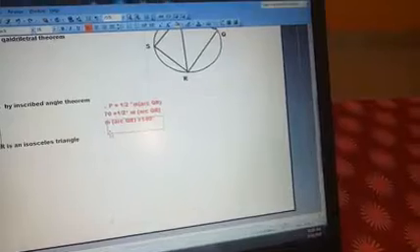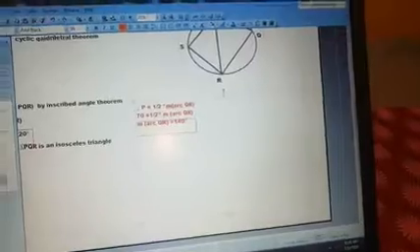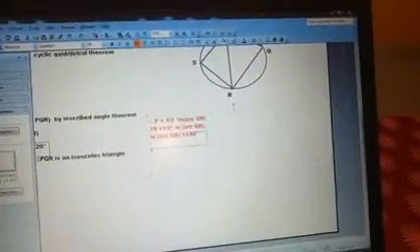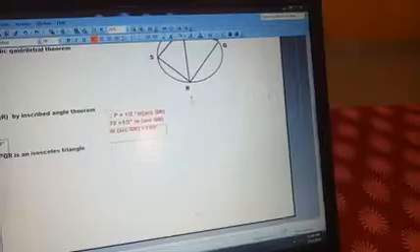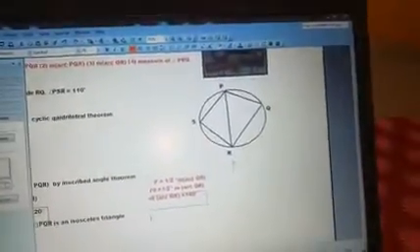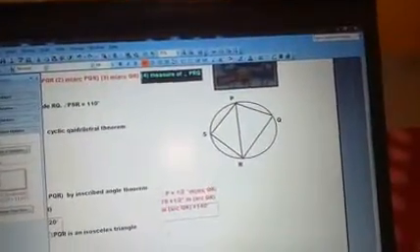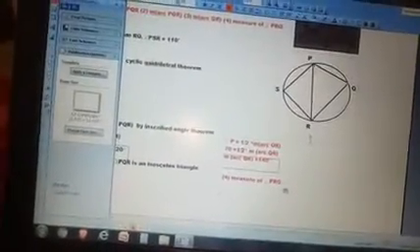After that we have to find the last condition. What is the last condition there? Measure of arc PRQ. So measure of arc PRQ means P, R and Q, this total.